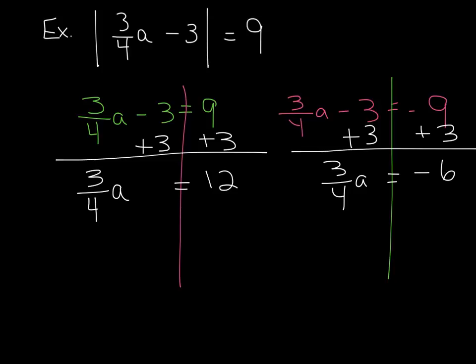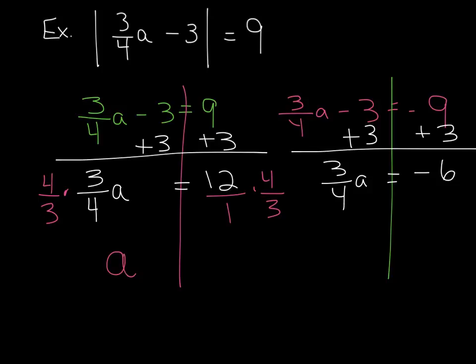And I do like to do these problems at the same time. You can do them separately or do them at the same time. It's up to you. Then my next step, again, like we discussed before, you take your pick. We can do one of two things. Use your calculator. We can either divide both sides by 3/4, or we can multiply both sides by 4 over 3.